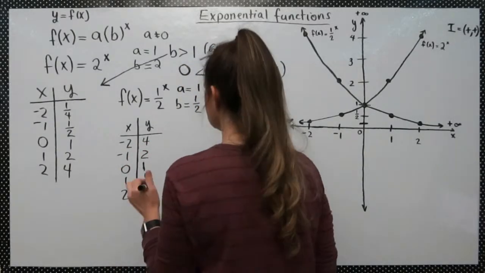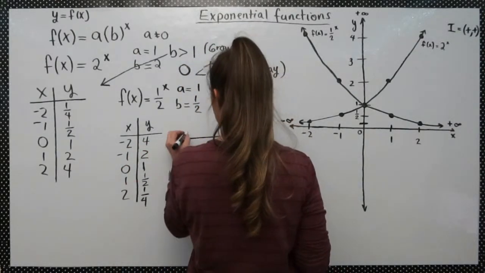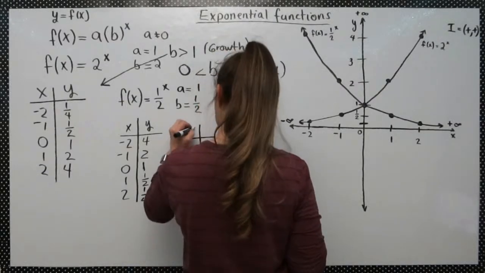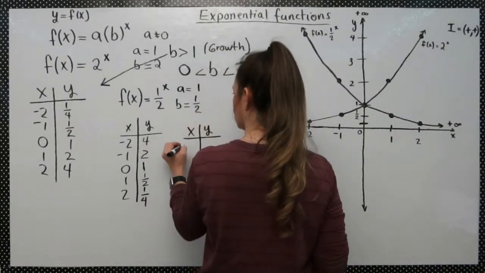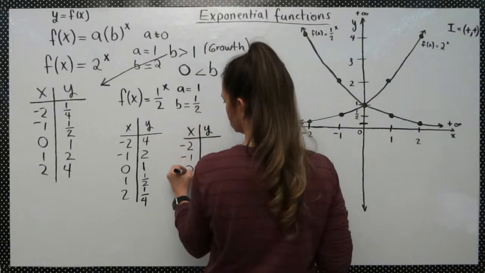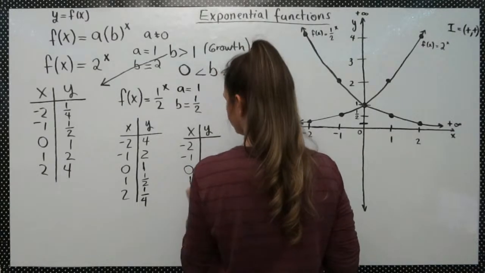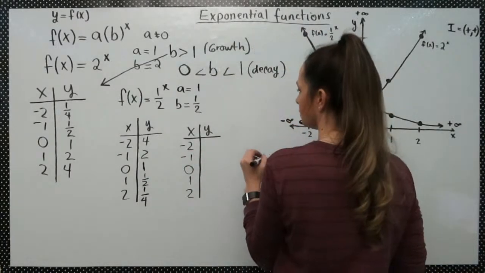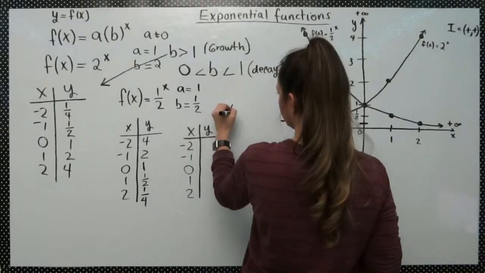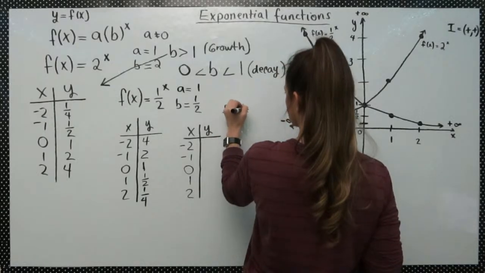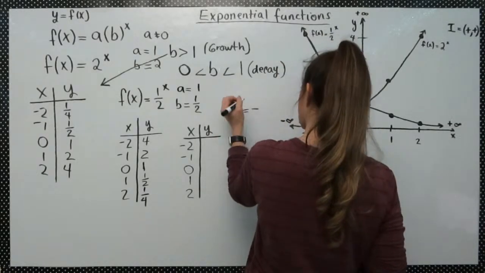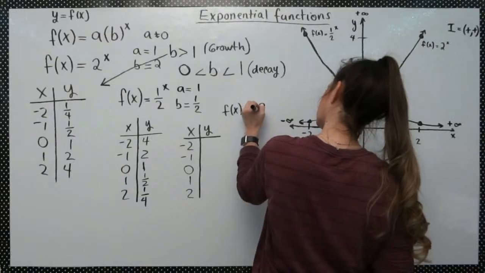And we can take these same 4 points, -2, -1, 0, 1, and 2, and we can reflect that graph. F of x equals negative 2 to the x.